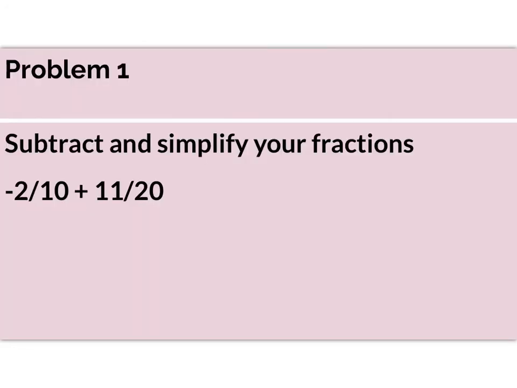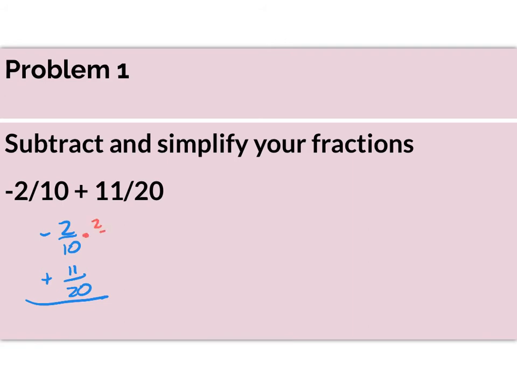Okay, so here we have negative 2/10 plus 11/20. These fractions have different bottoms. The bottoms must be the same. And if you look at 10 and 20, what's common? 20.